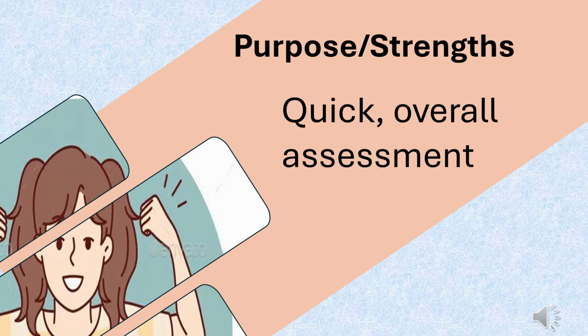Instead, the teacher listens to the entire speech, forms an overall impression, and then gives a single grade like excellent, good, fair, or poor. So this is why holistic rubrics are called a quick overall assessment. They save time and give an immediate judgment of the quality of the work.